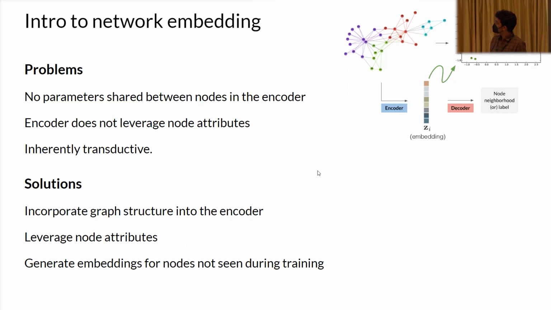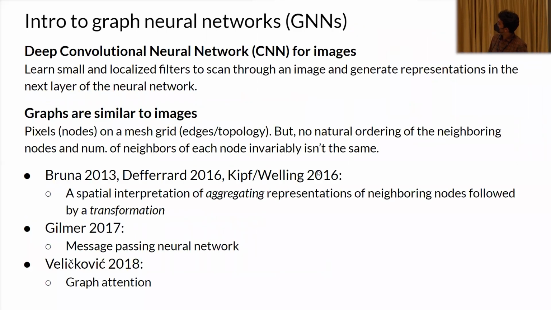There are approaches to address all these problems, and that is by way of using graph neural network models. The idea of graph neural networks comes from convolutional neural networks on images: you don't want to treat all the pixels in the image as totally independent of each other.